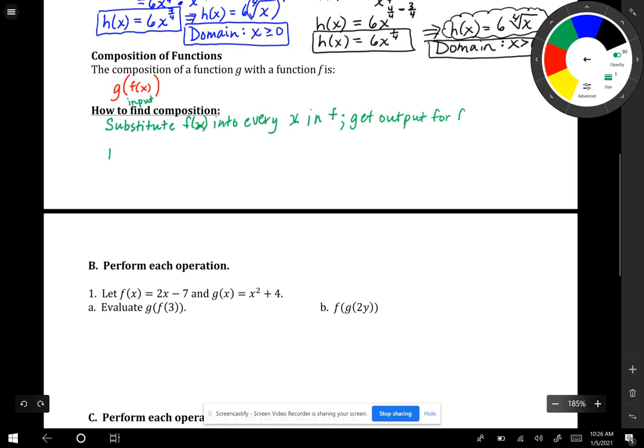Then the output for f becomes the input for g.